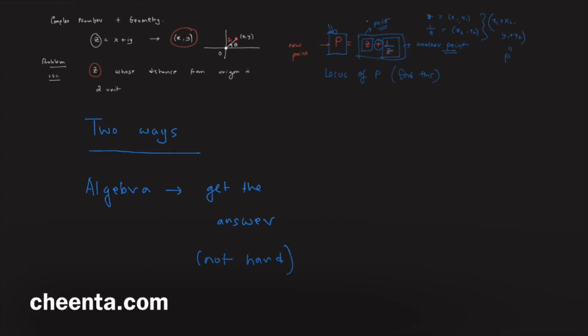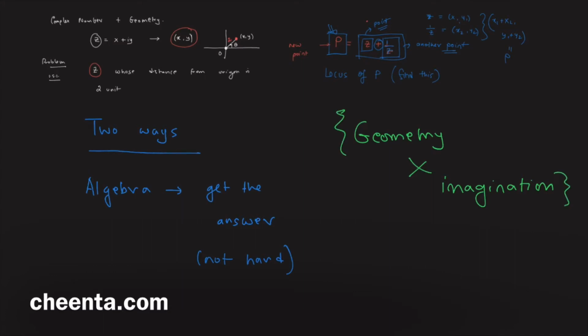The second one, which is much more beautiful in my opinion, is that you use geometric imagination. Geometry plus imagination. By the way, there is a book by Hilbert called Geometry and Imagination, which is a very beautiful book, in fact. You can look into it online.